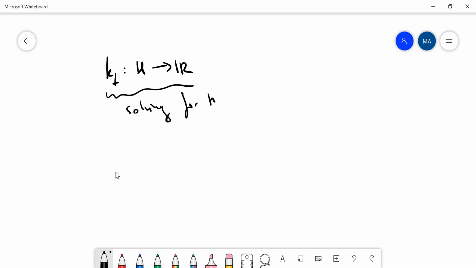Solving for the time path, okay? If we are interested in solving for the time path, usually we use a computer for that. Usually we do it numerically.